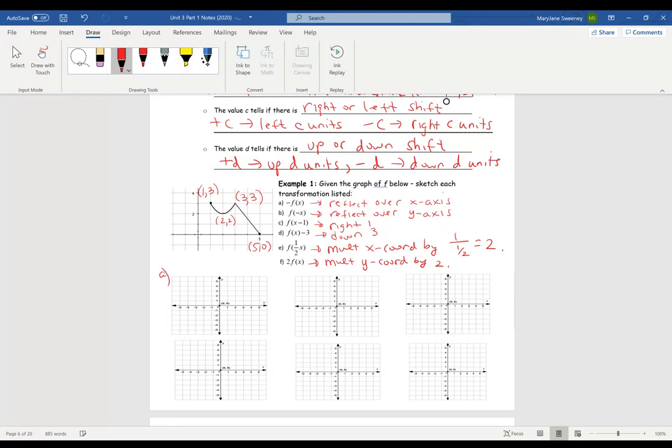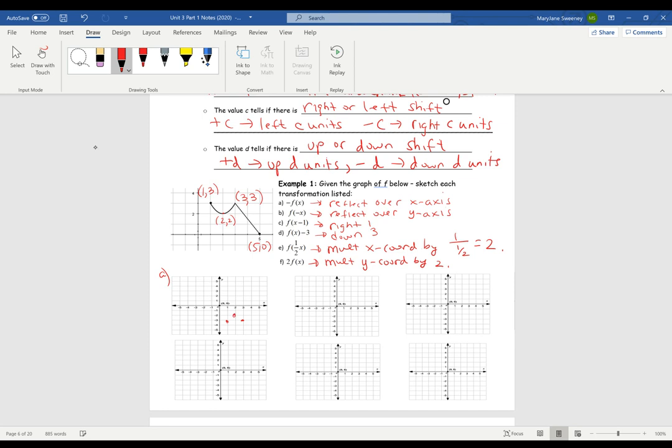So if this is A, this is where we're supposed to reflect over the x-axis. So that means we negate the y value. So 1, 3 is now going to go to 1, -3. 3, 3 is going to go to 3, -3. 2, 2 is going to go to 2, -2.